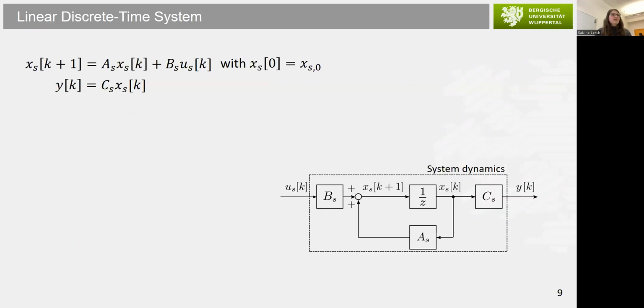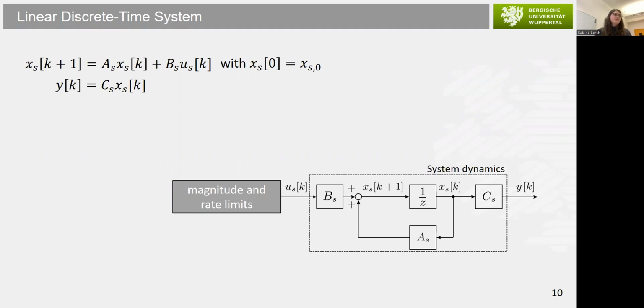So let's just start with the system description. This is a linear discrete time system in state space form, and the representative block diagram. However, in the real application, the actuators would be limited in magnitude and rate.